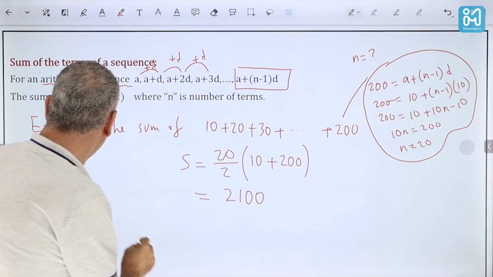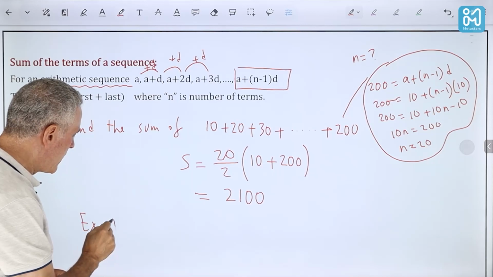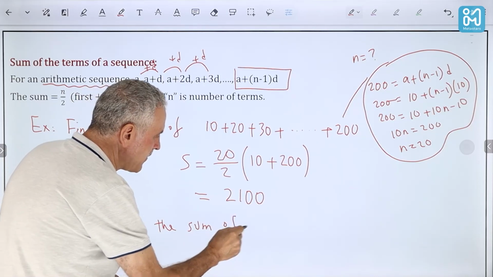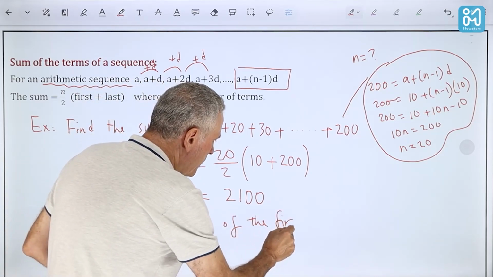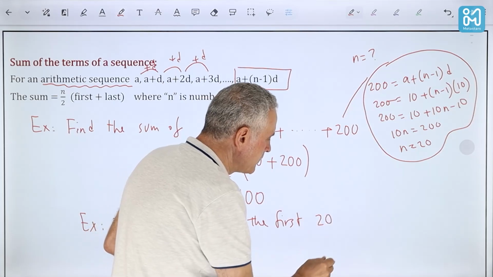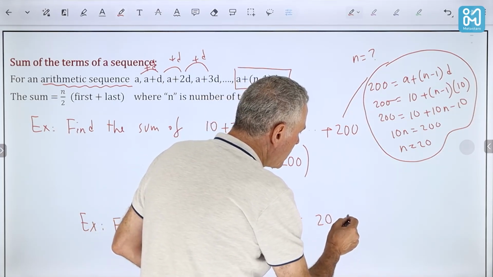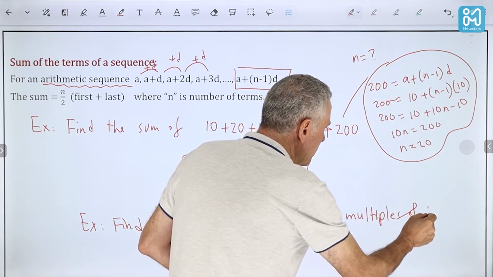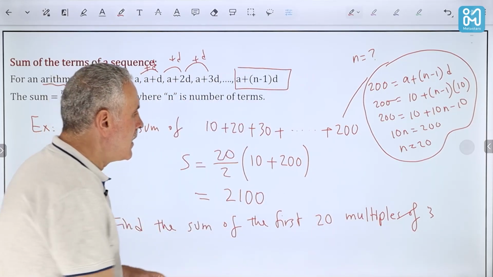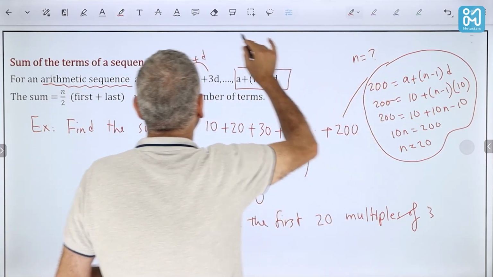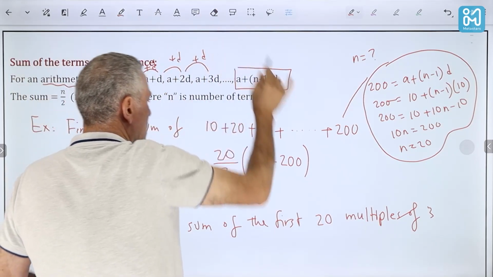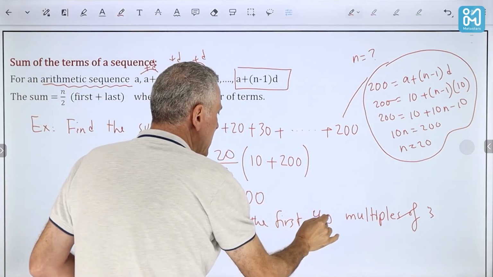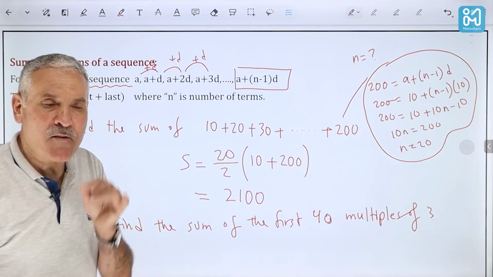If you want another example, I'll give you another example. Find the sum of the first 40 multiples of 3. Let me change the number of terms to the first 40 multiples of 3.